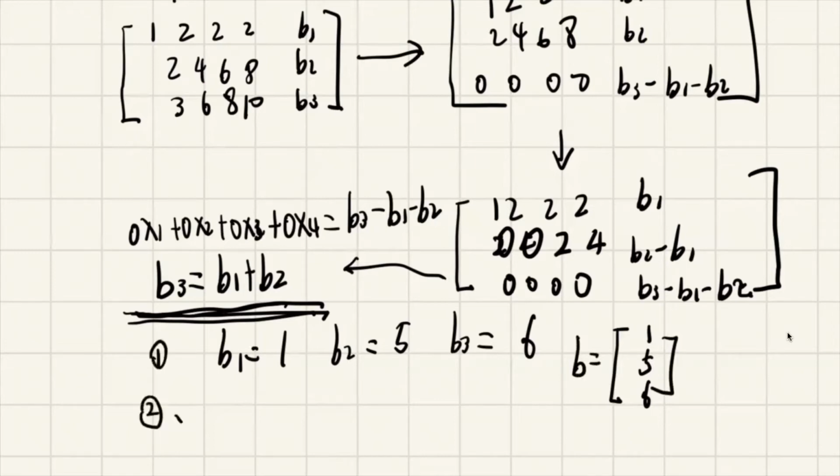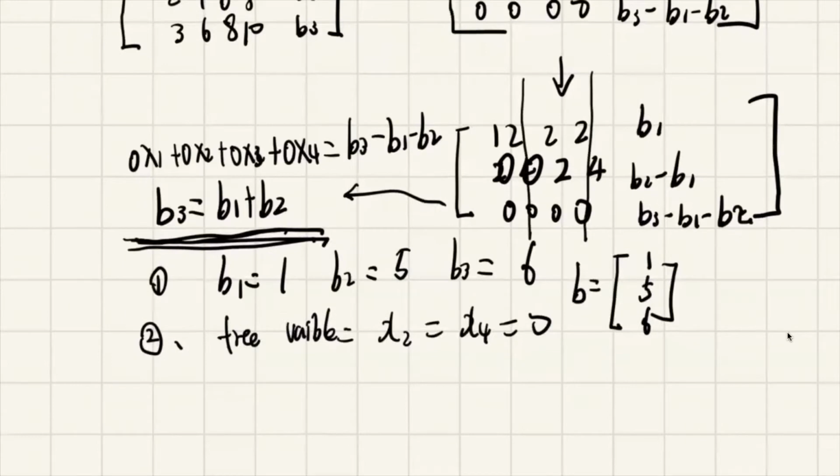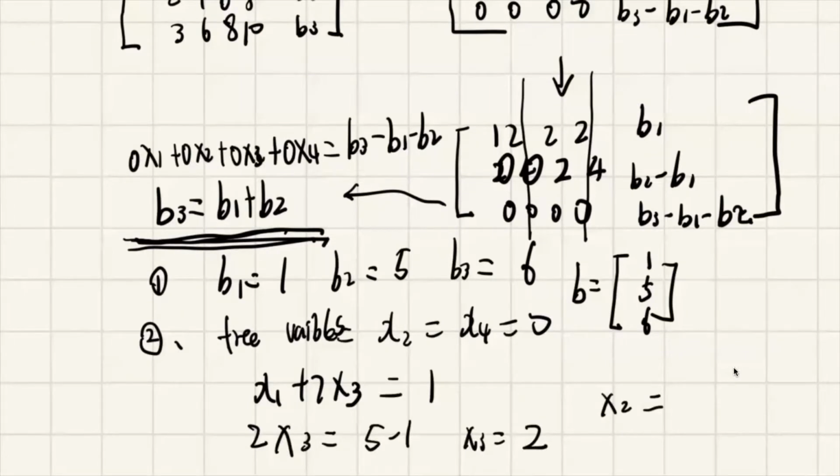Second step, we intentionally make our free variables 0. It means that x2 and x4 equal 0. We just set them equal to 0 because those are the free variables. Okay, and then we get x1, x3 in terms of b1, and, all right, here's a mistake. It should be b1 minus 2b1. So here is 3, so we can get x3 equals 3 over 2, right? Yeah, exactly.